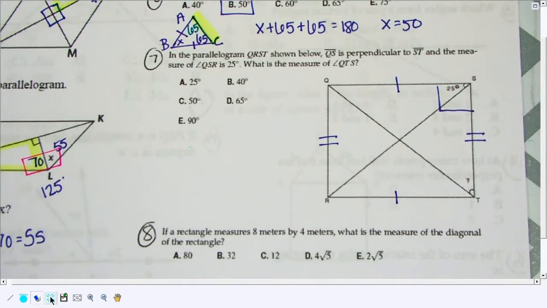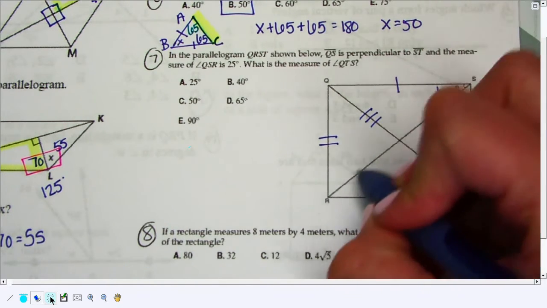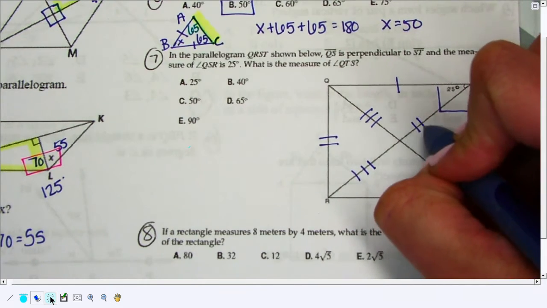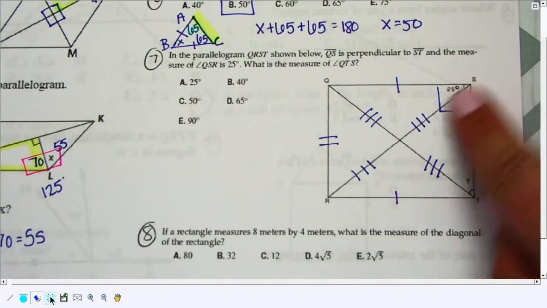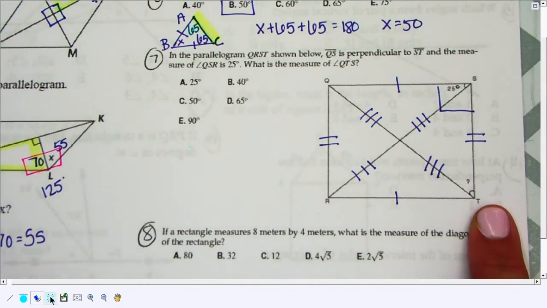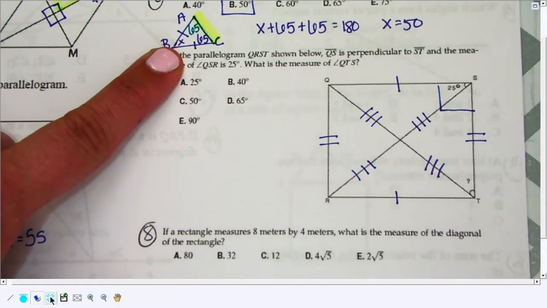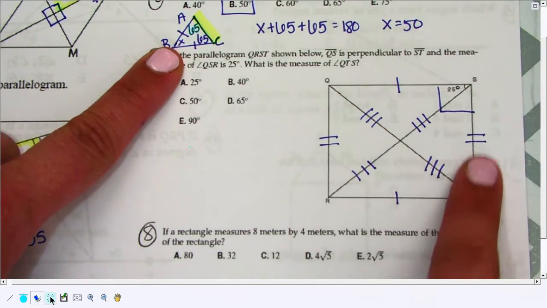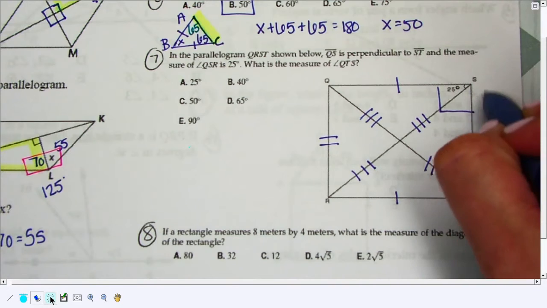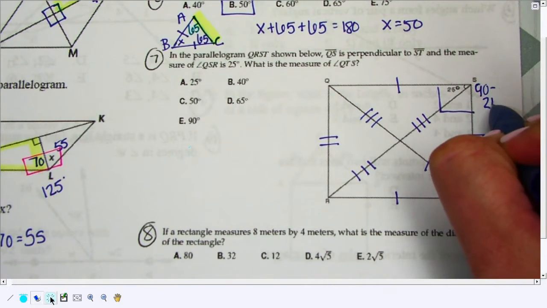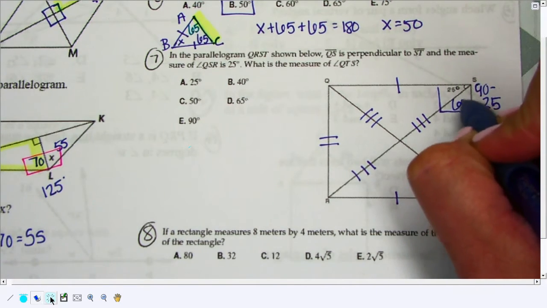This is a rectangle, which will also let you know that all of these diagonals are the same. And what that ends up creating is an isosceles triangle. Just like the one above, it's basically the same thing. So I should see an isosceles triangle. So to calculate this measure, I'm going to do 90 minus 25. So 90 minus 25 is 65.